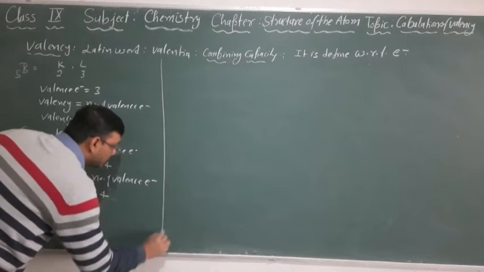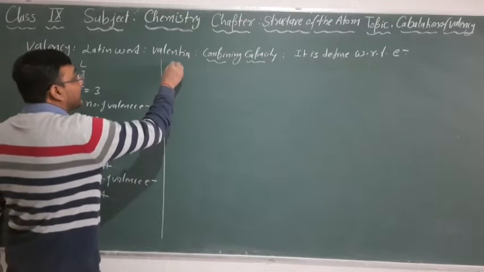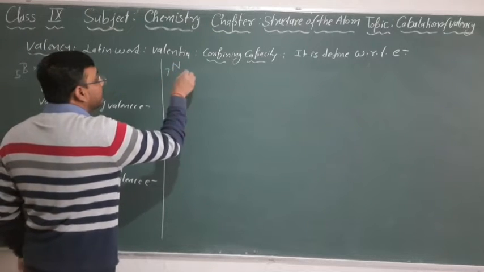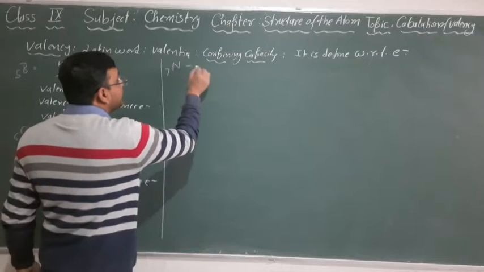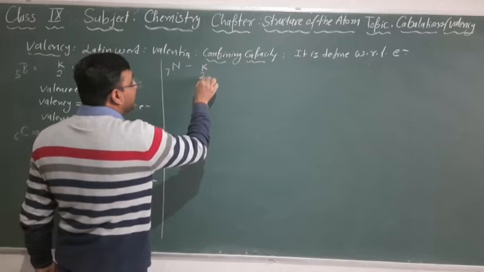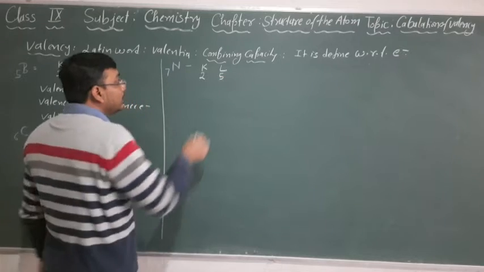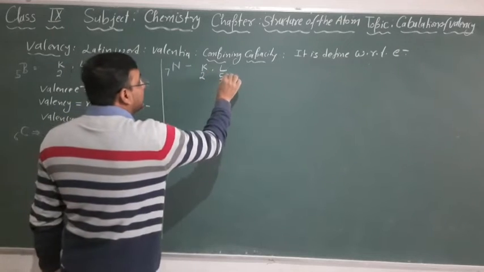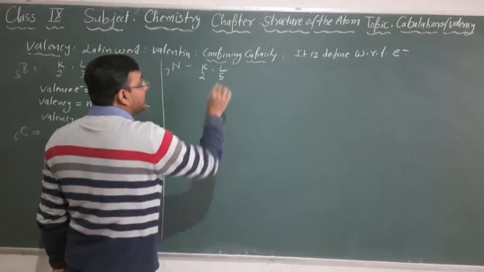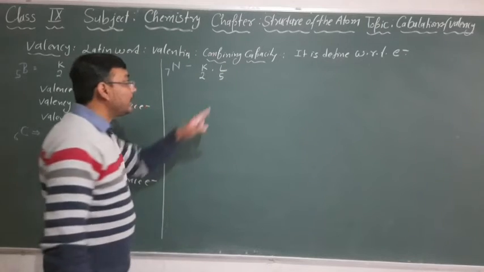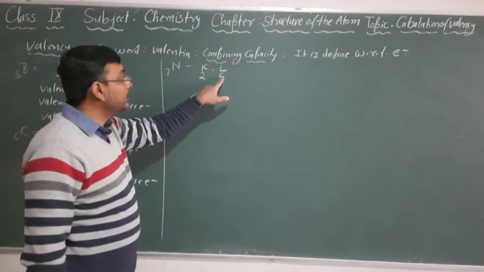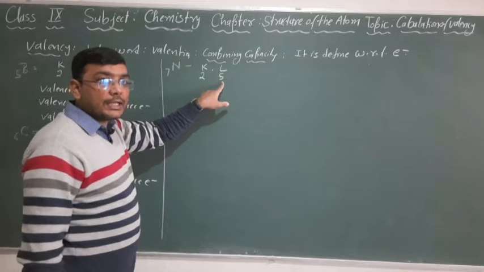Next, nitrogen 7, electronic configuration of nitrogen: K cell 2 electrons and L cell has 5 electrons. So the L cell is the outermost cell, and the number of electrons present in the outermost cell is known as valence electrons.